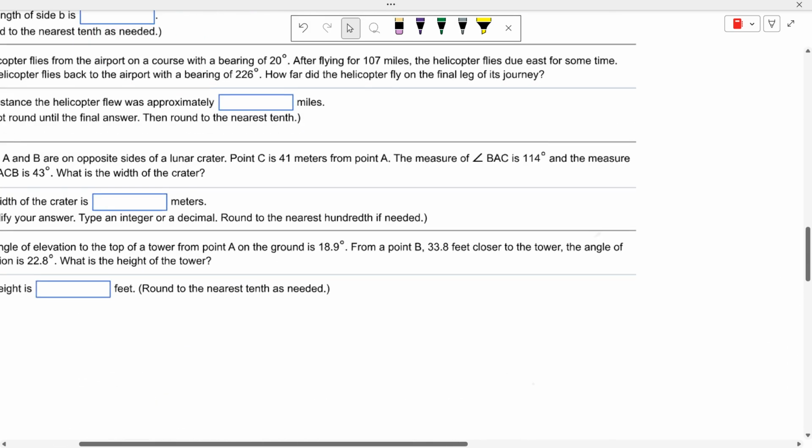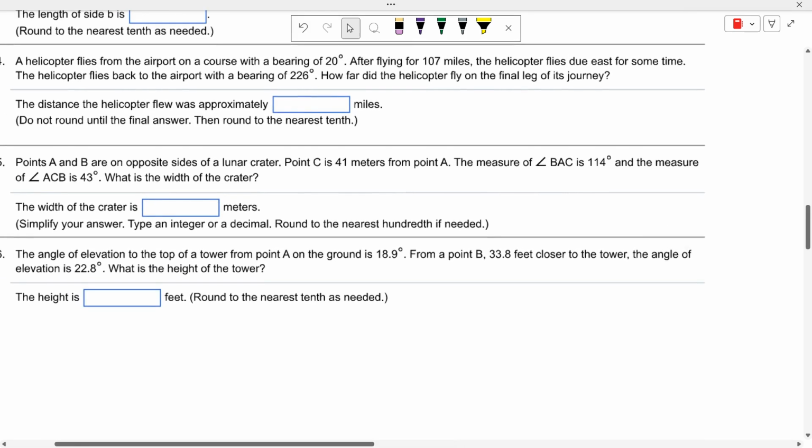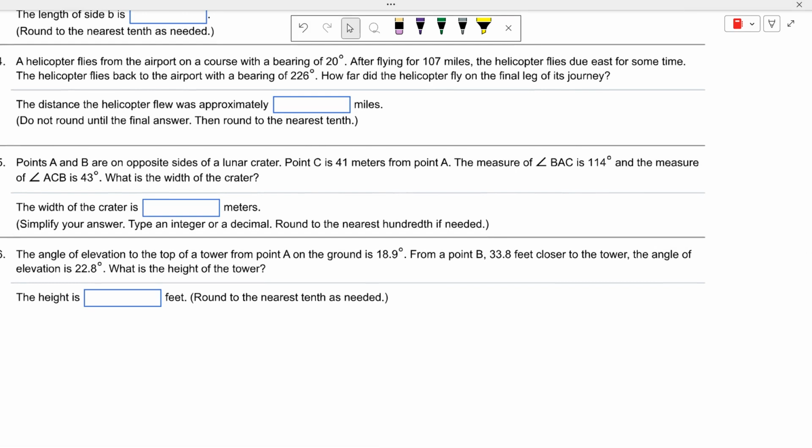A helicopter flies from the airport on a course with a bearing of 20 degrees. After flying 107 miles, the helicopter flies due east for some time. Then the helicopter flies back to the airport at a bearing of 226. How far did the helicopter fly on the final leg of its journey? Bearing and trig angles are not the same thing.